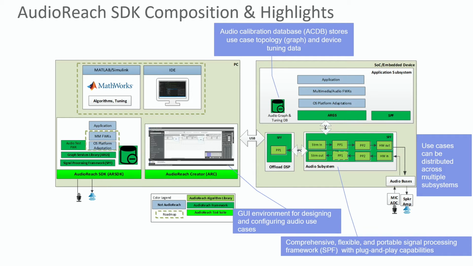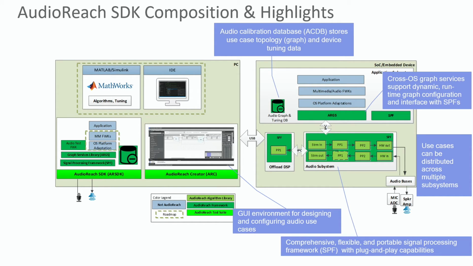Then we have something called ACDB, the Audio Calibration Database. This is where all the use case topology graph and graph definitions are stored, as well as the tuning data for your use case. Then we have the cross-OS graph service platform. Essentially, it's the control software that interacts with the various SPFs, or signal processing frameworks, running on different subsystems.